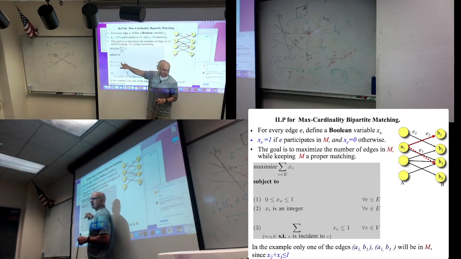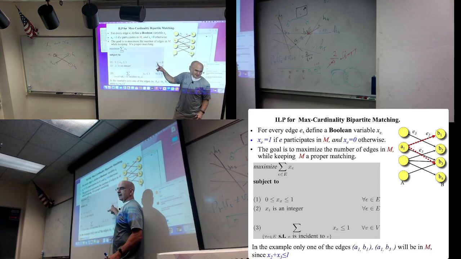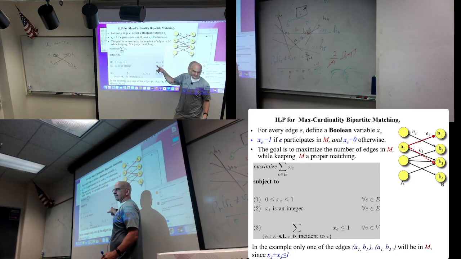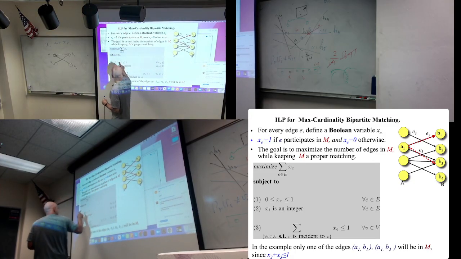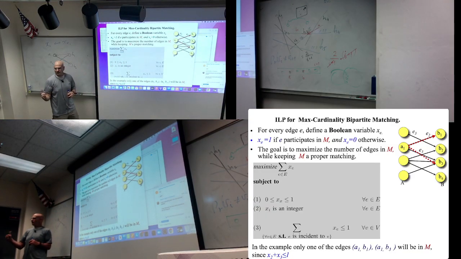Okay, but that's definitely xi or xe, whichever you want, for every edge in the graph. And these constraints plus the requirement that xi is an integer will force it to be a Boolean, in the matching or not.